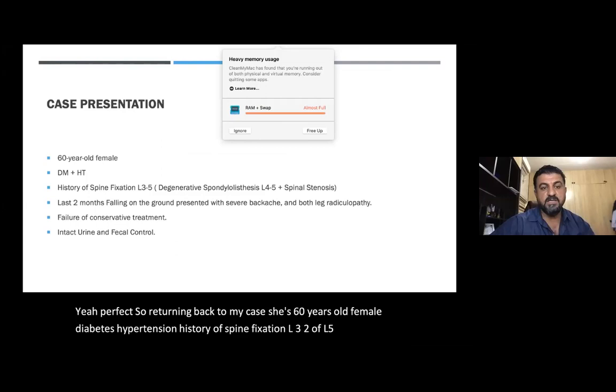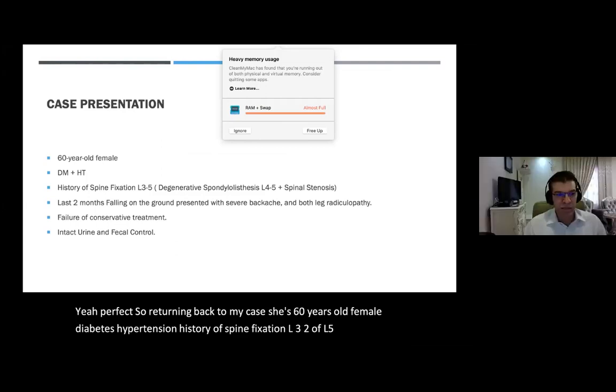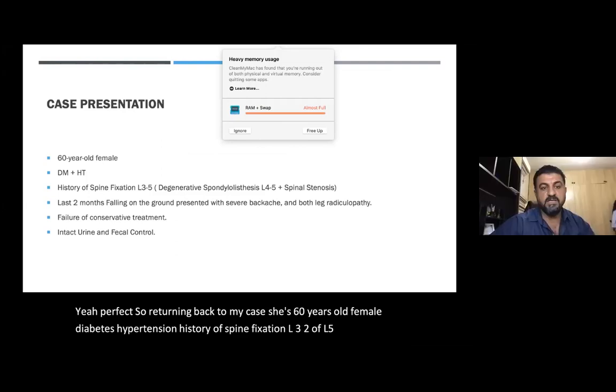This is her CT scan. This is at the level of L3, which showed a fixation with mild lucency around the screws. And this is the L4 level, and this is the L5 level. And this is her MRI, which showed adjacent segment disease in the proximal part with canal compression.